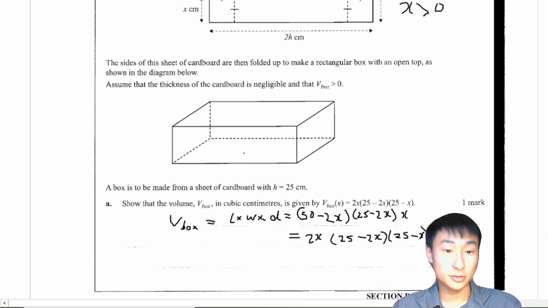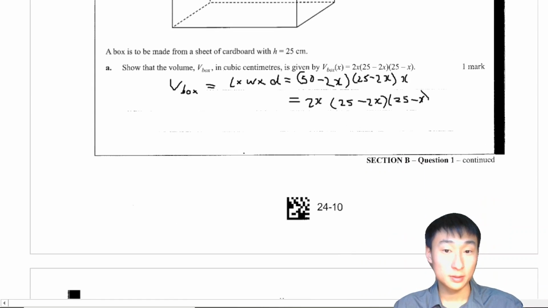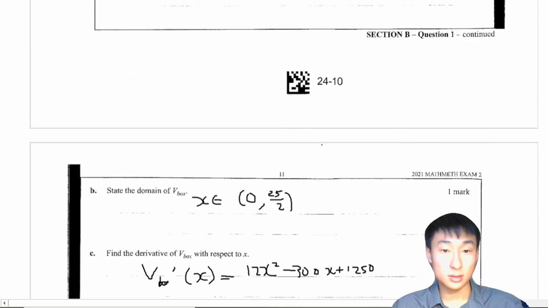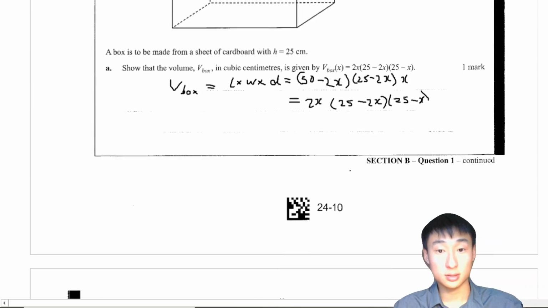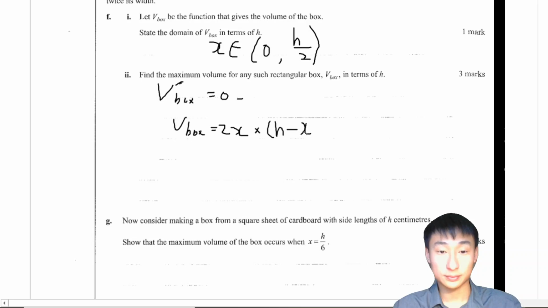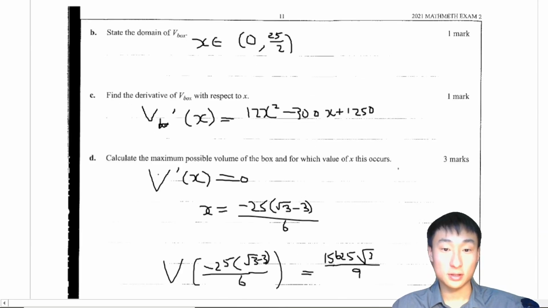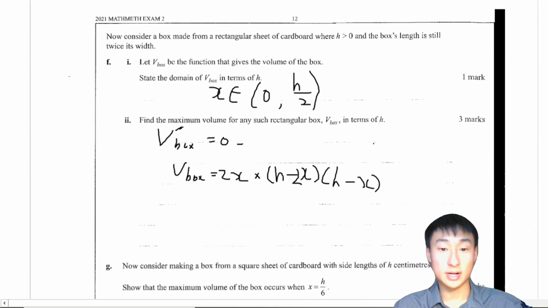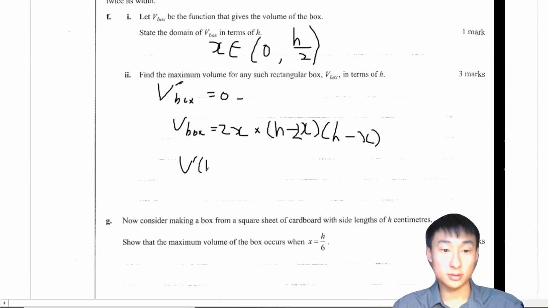The volume of the box is now 2x times h minus 2x, h minus x. It's equivalent to this except h is no longer 25. That looks correct.